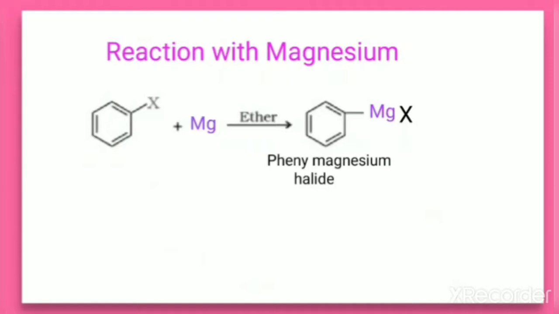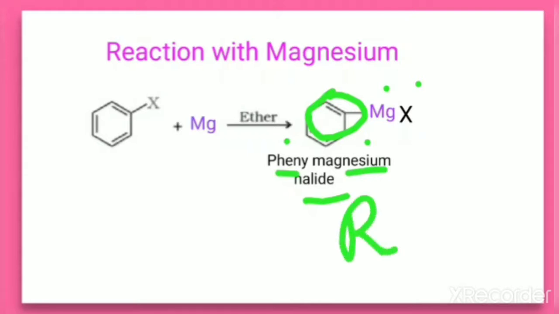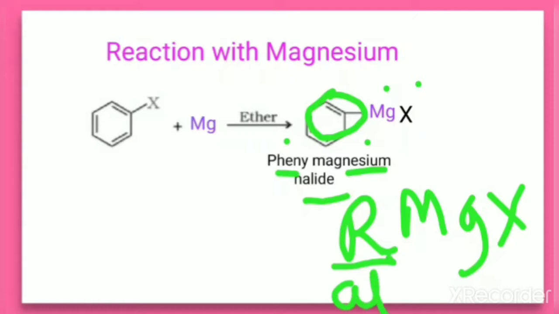Why is it called phenyl? This part is called phenyl. Then magnesium, because Mg is there, and X represents the halide. So how do we name this one? Phenyl magnesium halide. As in the case of RMgX, how have we named it? That is alkyl magnesium halide. So here in the place of alkyl we have the phenyl group.